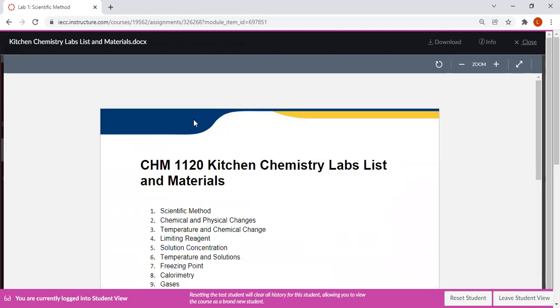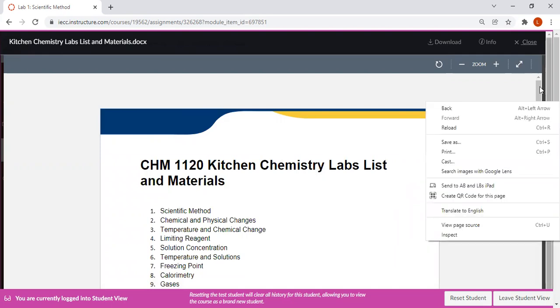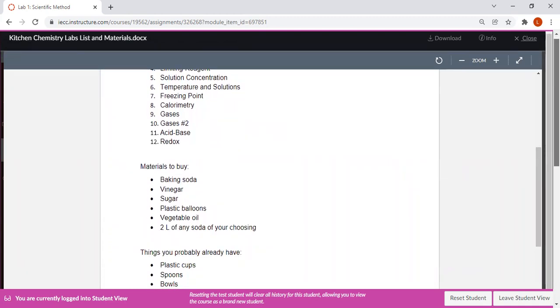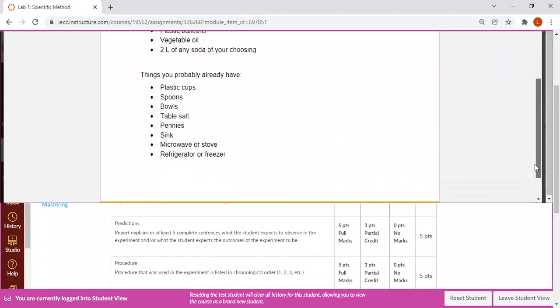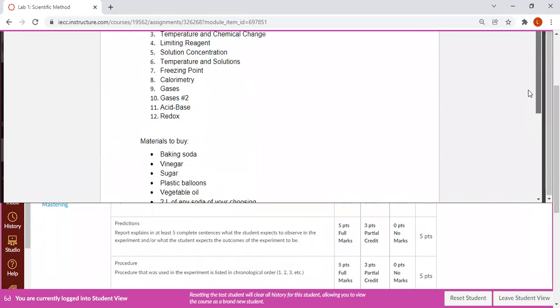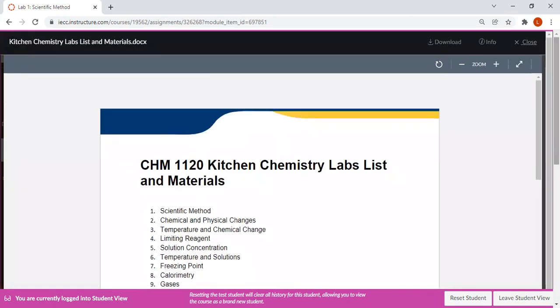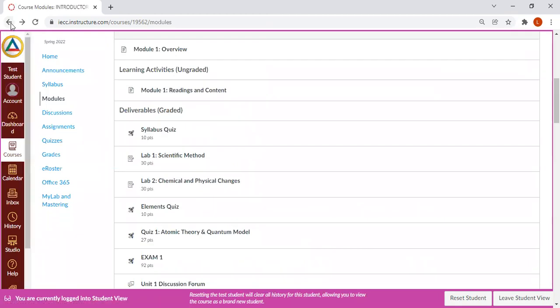So we're not talking about really, really expensive stuff. We're talking about really straightforward. Here are the materials you need to buy. Ta-da! And then here are the things that you probably already have. Okay, so that's all you'll need to purchase for lab for this semester. It is called kitchen chemistry, so that it's limited just to things that are in your kitchen.